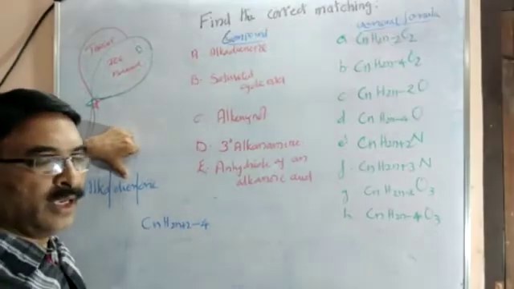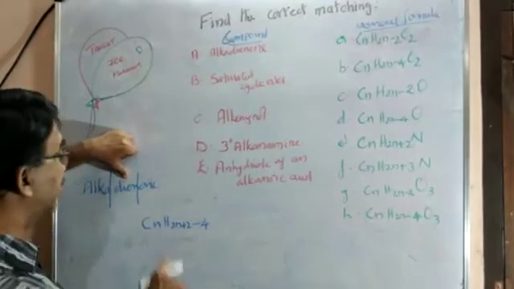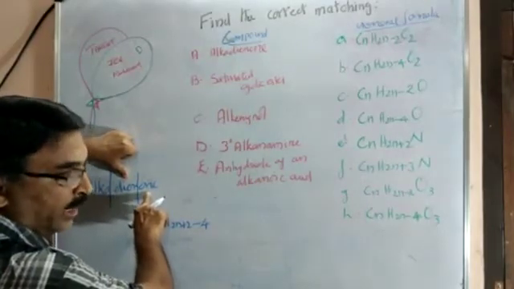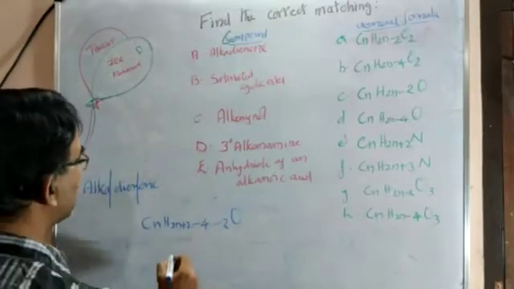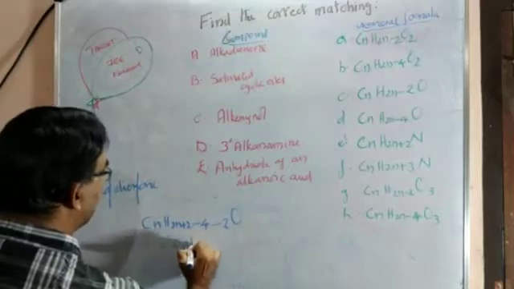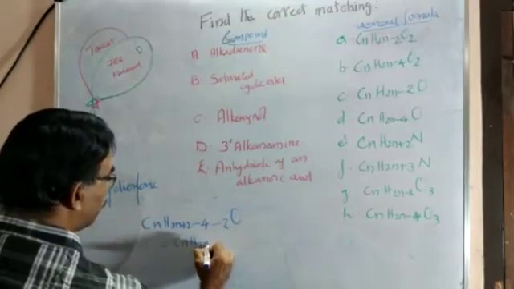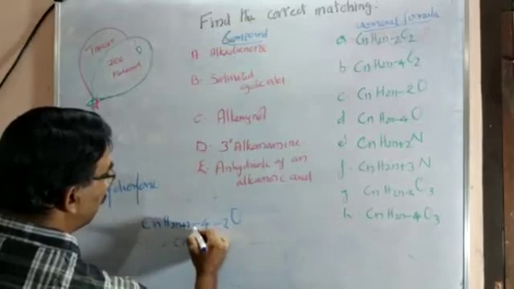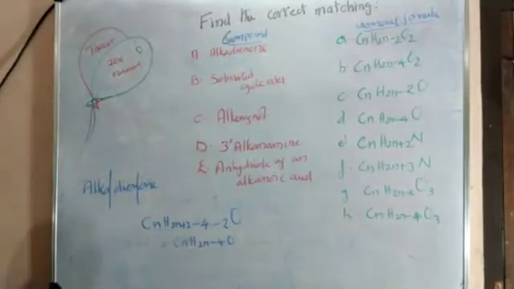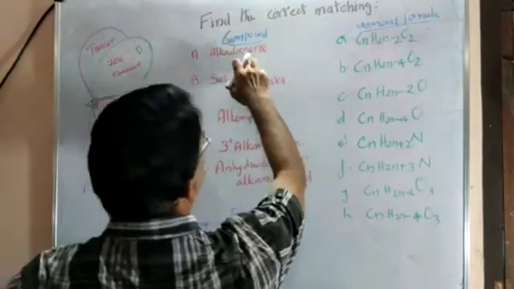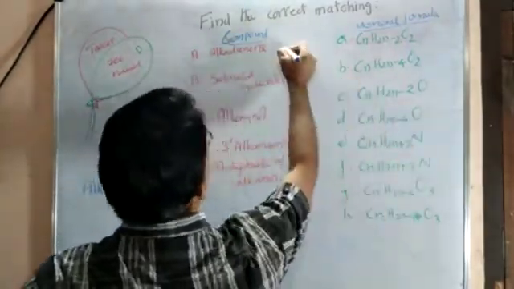Now you substitute 2 hydrogens by oxygen because it is a keto or aldehyde group. You subtract another 2 hydrogens and insert oxygen. So the general formula is CnH2n+2-4O. So alka-dienone is CnH2n-4O.